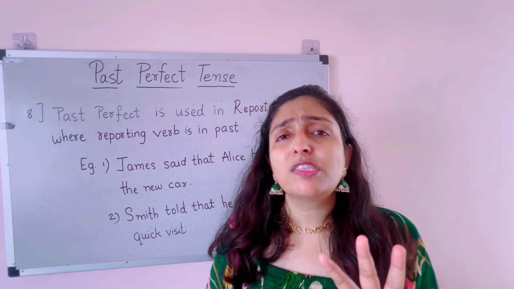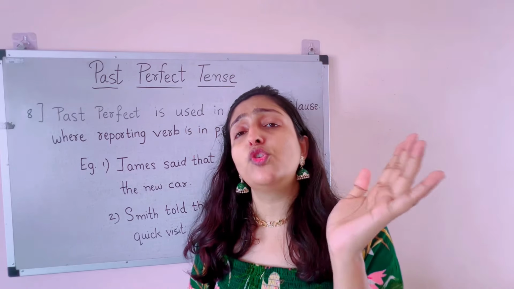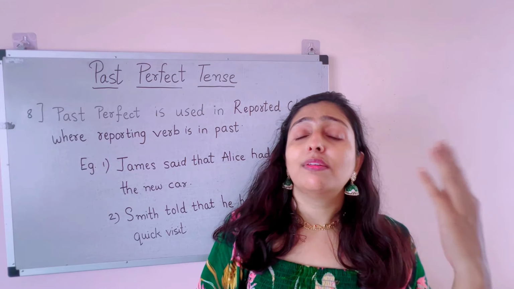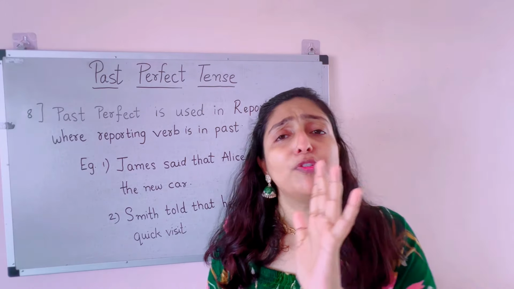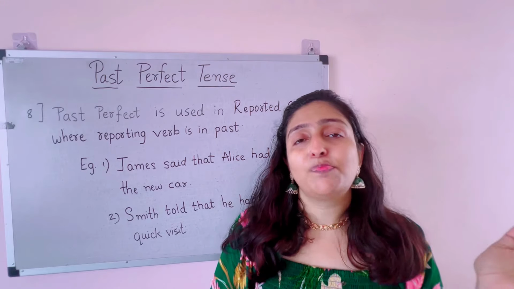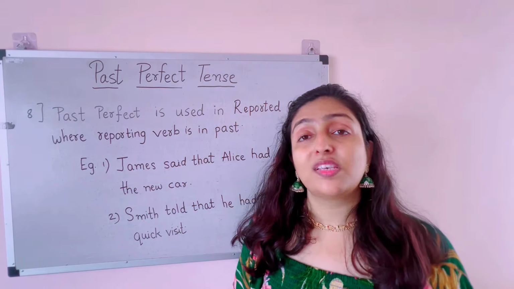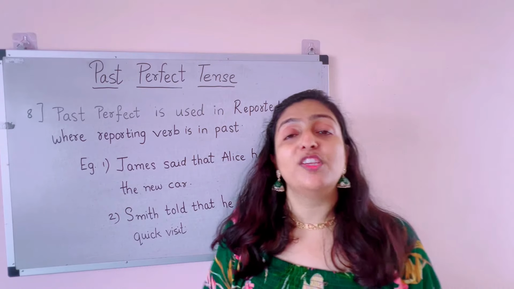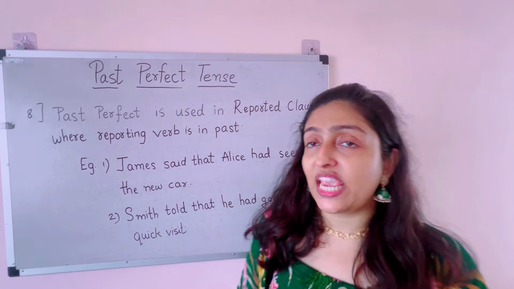What is reported speech? Someone saying something to a second person which a third person has said to the first person. A saying about B what C has spoken to A. Me reporting about James what Alice has spoken to James. So there are 3 persons, 3 individuals involved.